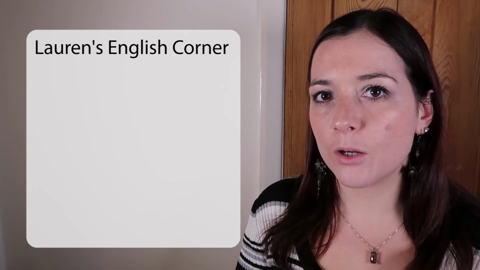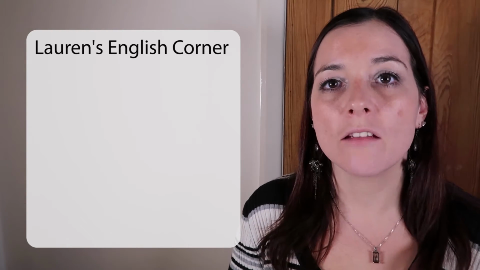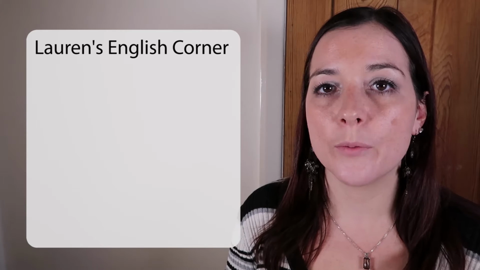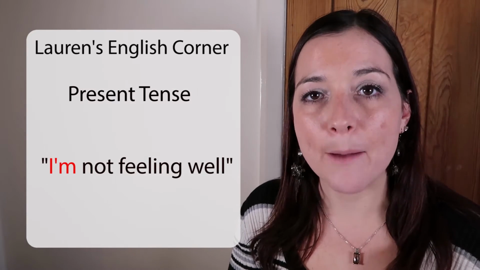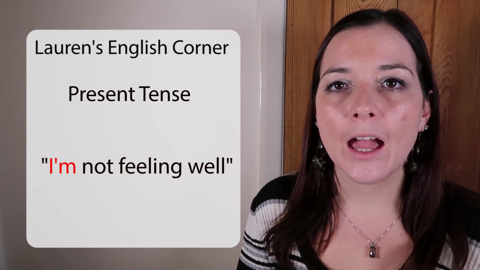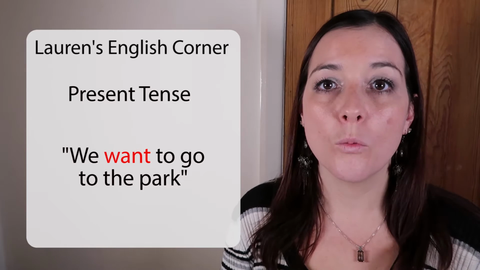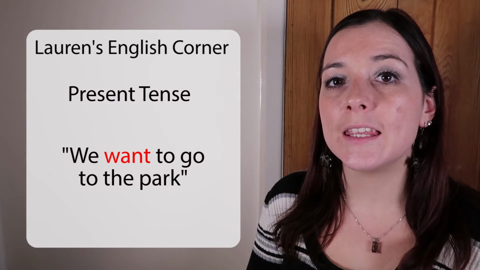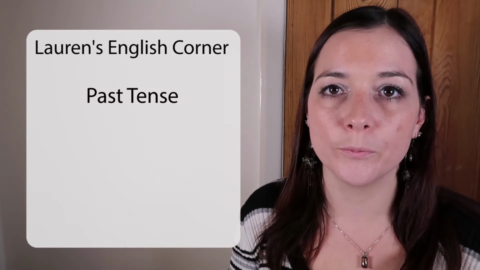If you noticed in the examples, the other thing that changed was the verb. In the direct speech examples, the verb is in the present tense. I'm not feeling well. I am not feeling well. And we want to go to the park. Want. But in the reported speech, those two verbs were changed to the past form.